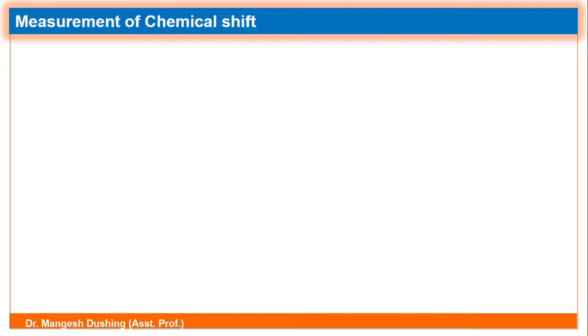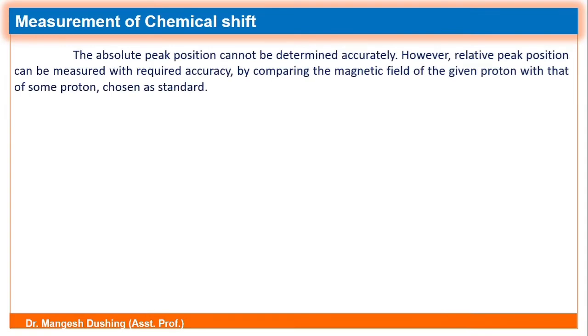Right? Now we will see the formula for measurement of chemical shift, or what is chemical shift. The absolute peak position cannot be determined accurately because different types of protons absorb different magnetic field frequencies, and their positions are different.